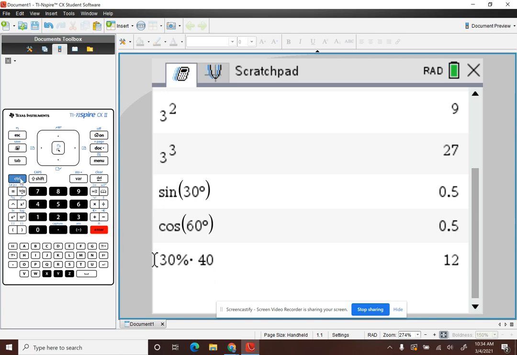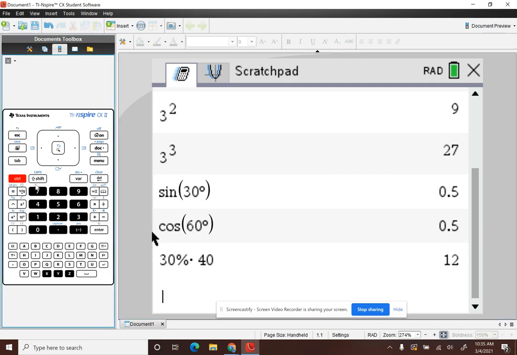If you hit this control button, you'll notice that there are little blue things above these. Those will actually do special functions for you as well. So let's say you need to put in a fraction, for example. This is probably one of the things you're going to be doing more than anything else. Now, your buttons on your calculator are going to be yellow, and they're going to have little yellow things above them, but it's the same exact thing. So let's say I need to put in a fraction.